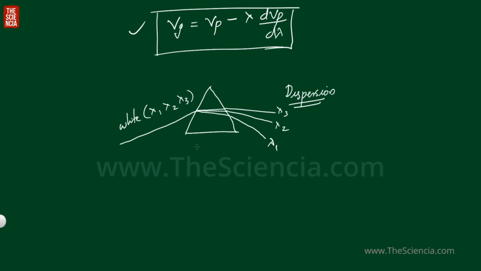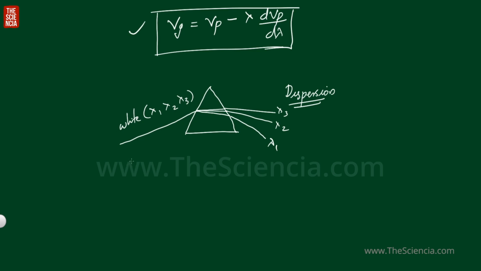So when it is passing through a medium, it is separated into different colors. How is it happening? You just look into the above equation, that is Vg equal to Vp minus lambda dVp by d lambda, where each of these wavelengths travels with a different velocity. That is, the phase velocity of each of these wavelengths is different through the medium.